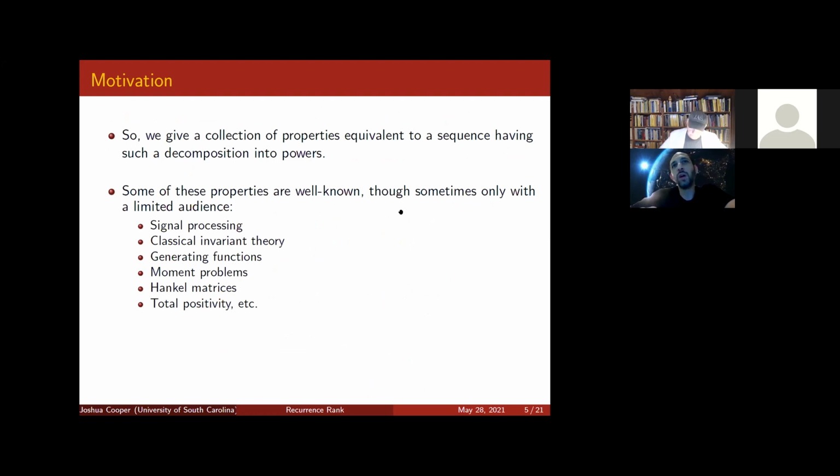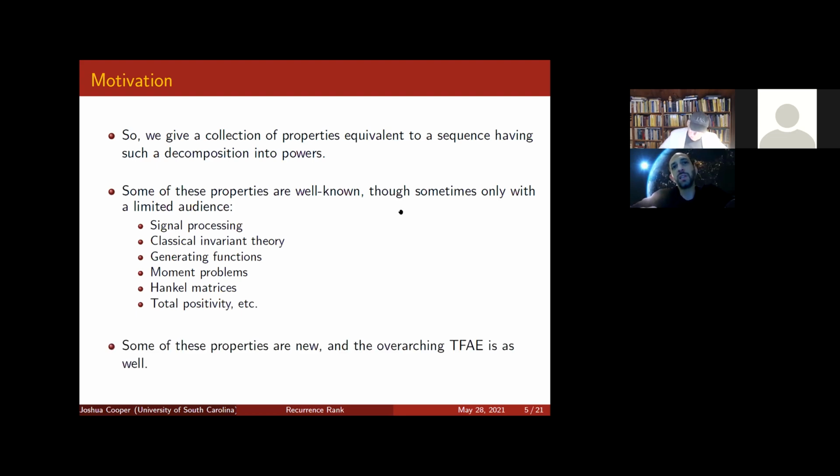Some of them are well known, but they're buried in the literature in an amazing range of topics: signal processing, invariant theory, generating function theory, moment problems from measure theory and probability theory, Hankel matrices and Hankel transforms, total positivity. It turns out they're all connected with this topic in a really integral way.